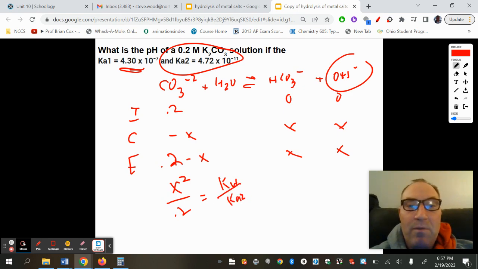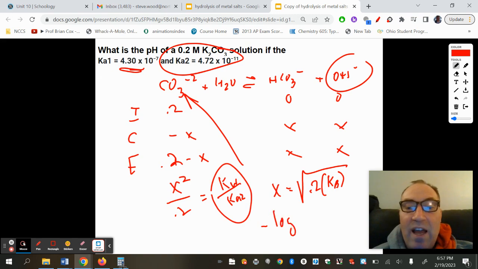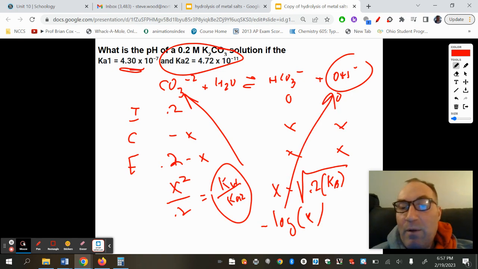And that'll give me the Kb for this guy right here. Then you're going to do X equals the square root of 0.2 times that thing, which we'll just call Kb. Okay. And then whatever X is, you're just going to negative log that. And that'll give you the pOH, since this is a base, and then subtract from 14 to get the pH.